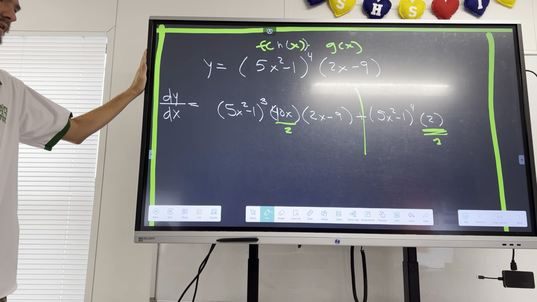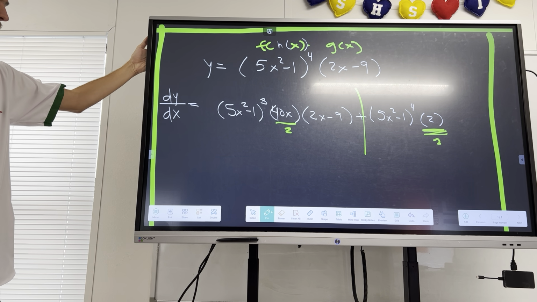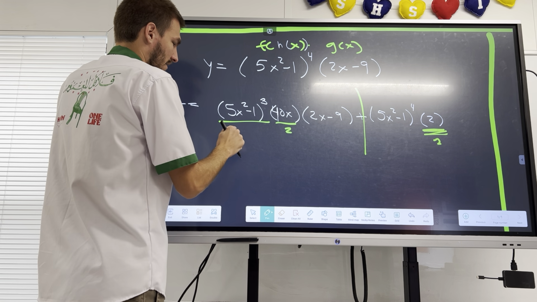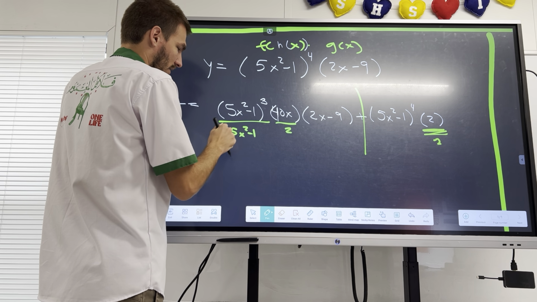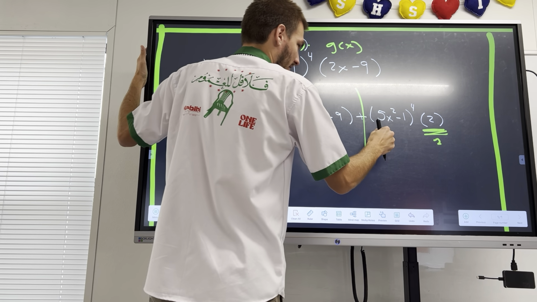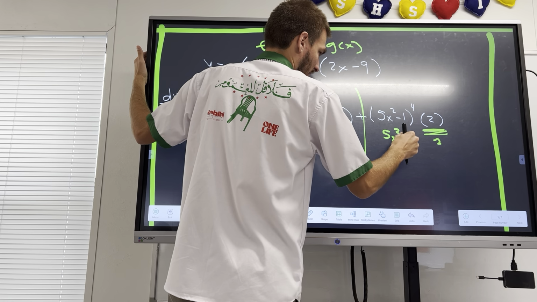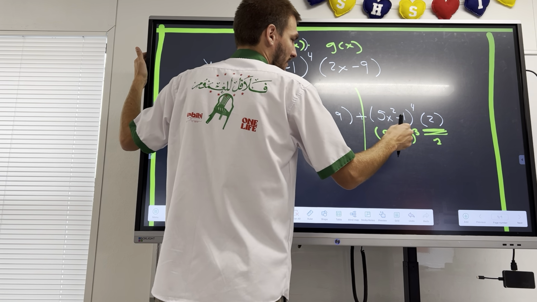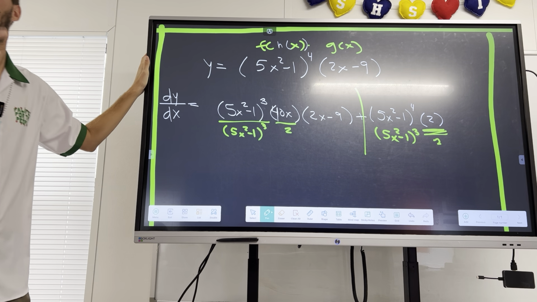What else do they have in common? 5x squared minus 1, right? Over here, 5x squared minus 1, there's 3 total. And over here, 5x squared minus 1, there's 4 total. So we can afford to say they both have 3.